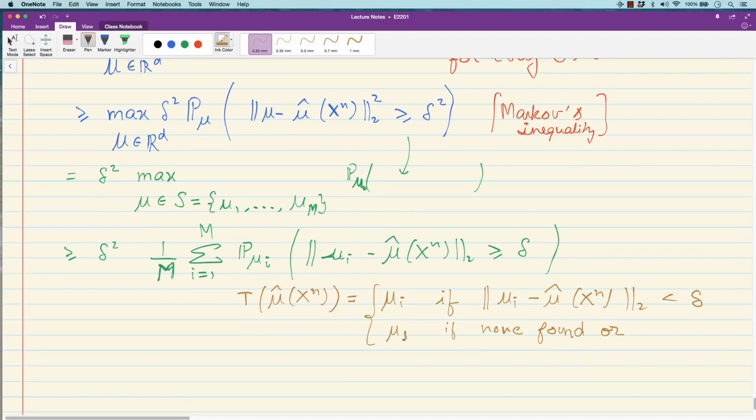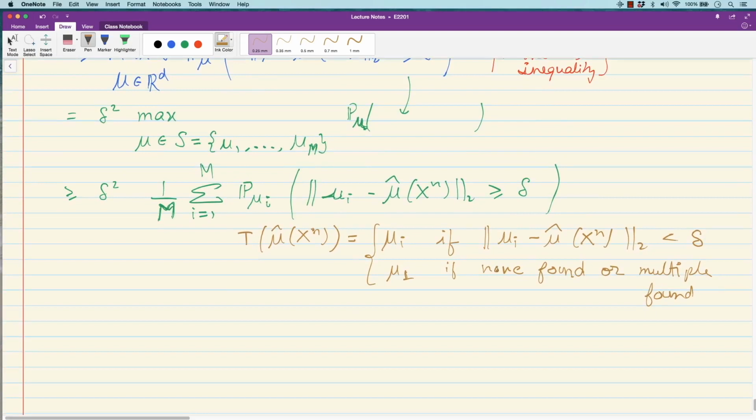It's just some error case. So I will only declare an answer when exactly one is found within this distance delta. So this test will output some mu i, and we want this quantity to behave just like the probability of error for an M-ary hypothesis testing problem.